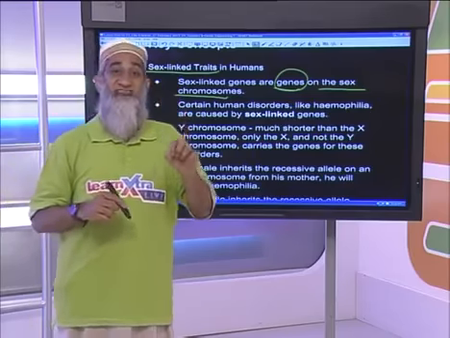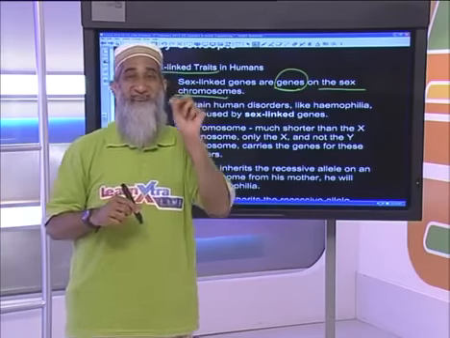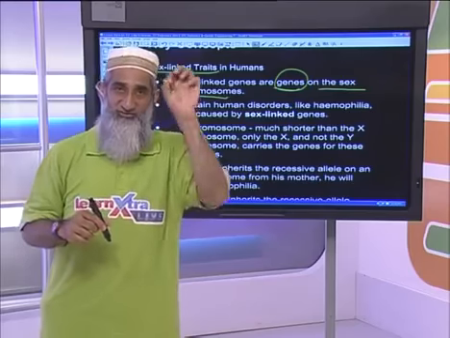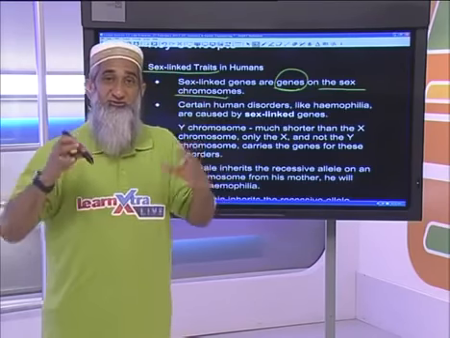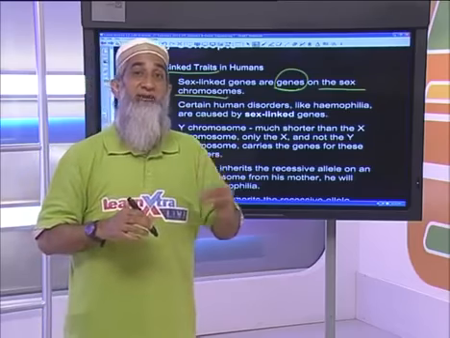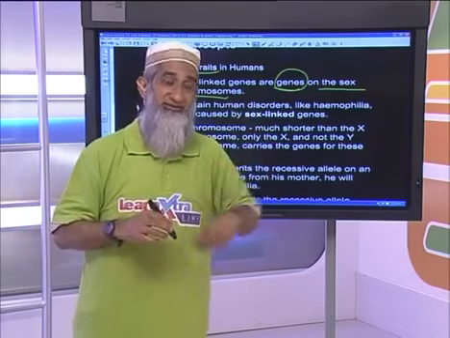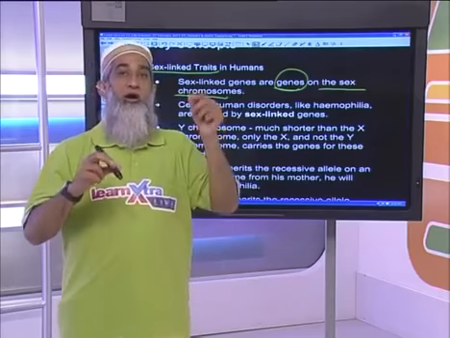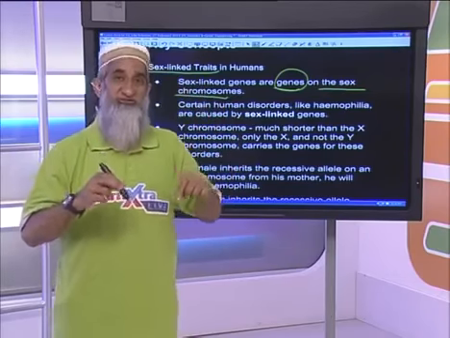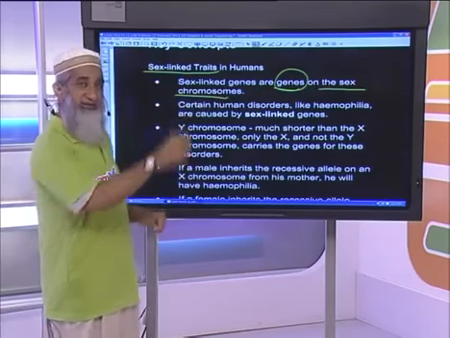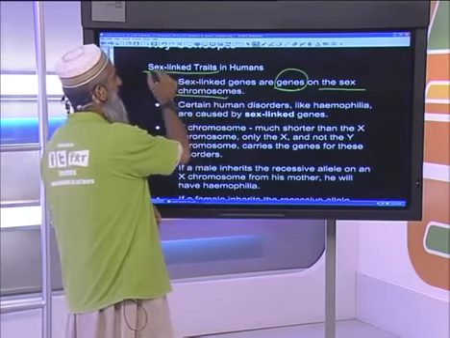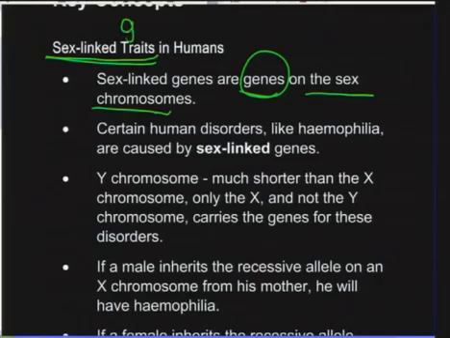That means the sex chromosomes. Those are the ones that determine the sex of the resultant zygote. In addition to this function of determining sex, they may also carry some other genes which code for other characteristics. Those genes that are carried on the sex chromosome are called sex-linked genes.